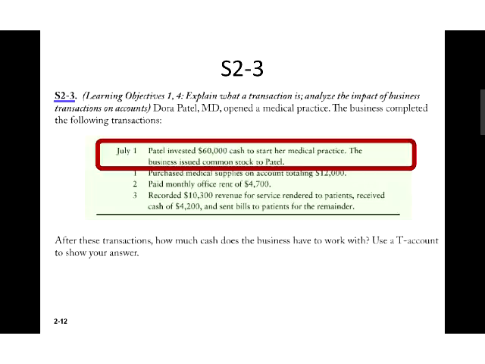Think about, we're doing it from the standpoint of the business. She invested $60,000 cash in the business. So what's happening to the business is cash. Yes, we are always doing this from the standpoint of the business. Okay? So the business receives $60,000 cash, so this is going to increase the cash by $60,000.